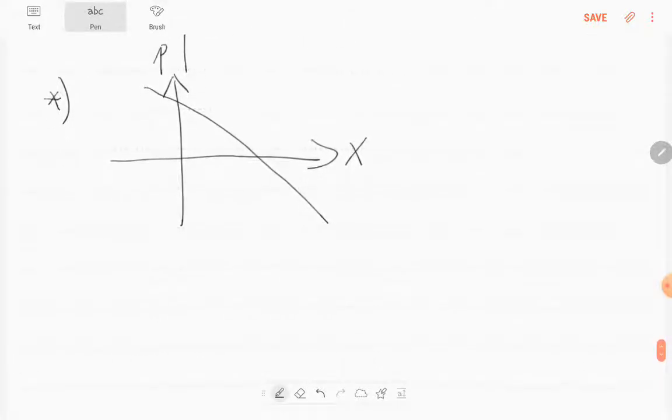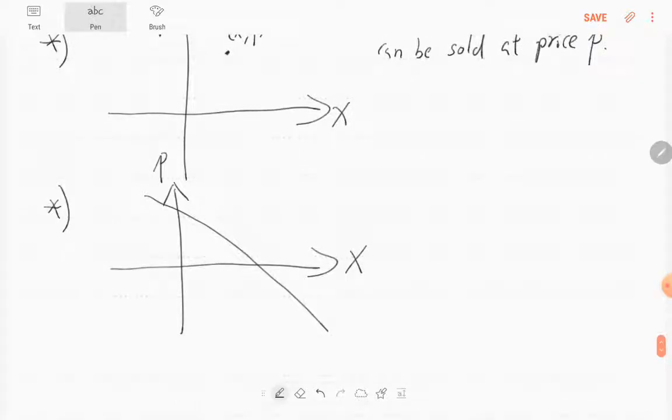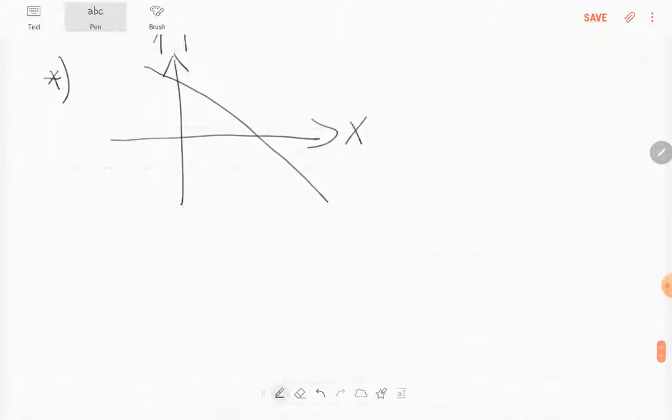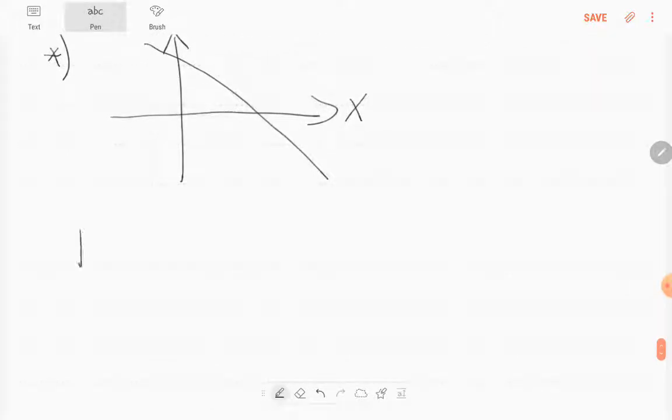Okay, so if we know the demand of the product, we can use the price demand function to get the unit price for the product. What is the revenue? The unit price of the product is lowercase p.